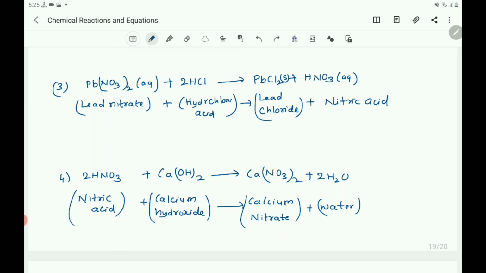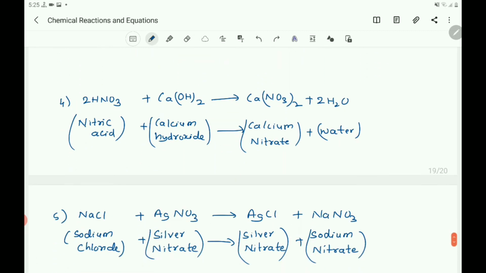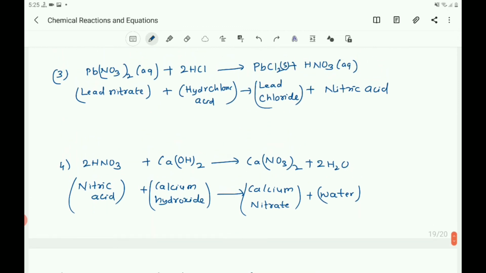So then you will get calcium nitrate. Here in the place of hydrogen you got calcium, and in the place of calcium you got hydrogen. In this way the ions are exchanged between the reactant molecules.